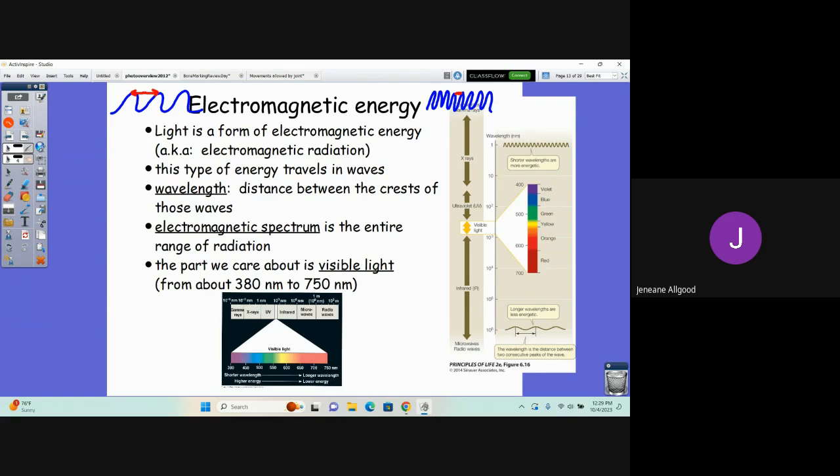Okay, so the electromagnetic spectrum is the entire range of radiation. The part we care about is the visible light spectrum, and that's from about 380 nanometers to 750 nanometers.